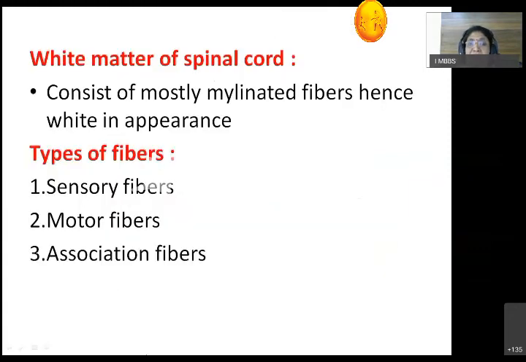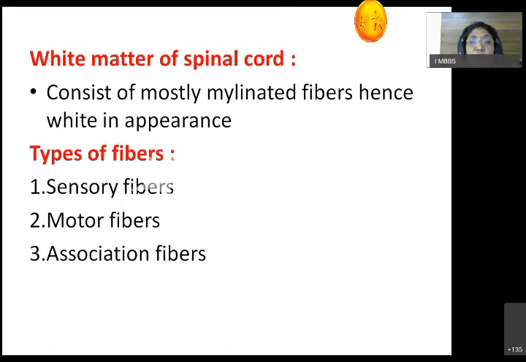Now let us see about the white matter of the spinal cord. As you know, there is gray matter in the center, and this gray matter is surrounded by the white matter. In the white matter, there are nerve fibers, and these nerve fibers are myelinated.